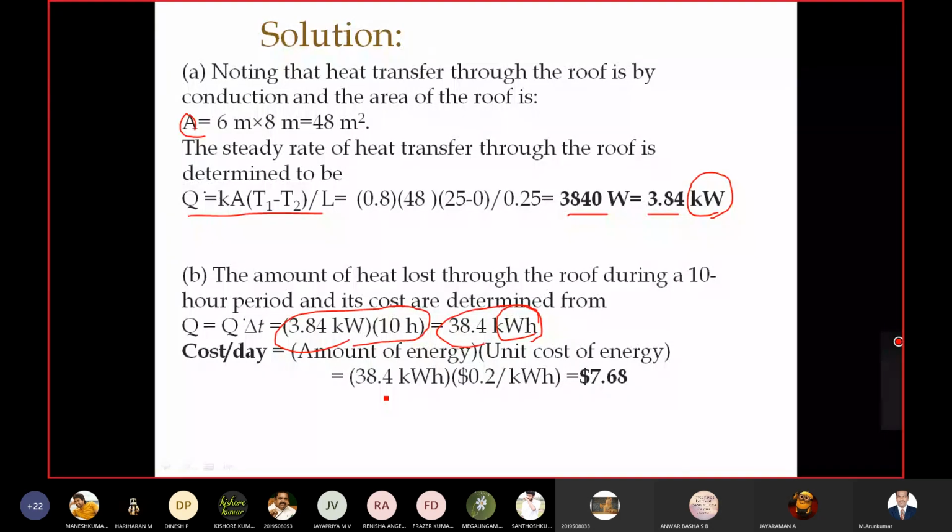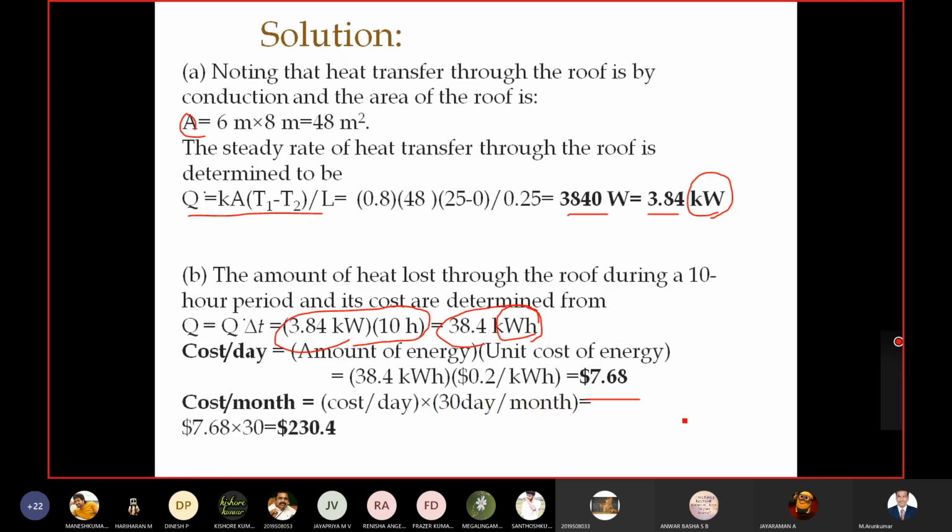If you want to calculate the cost per month, we multiply the cost per day by 30 days per month. Then you will get the cost per month as $230.4. You may wonder why the bill is so high. It is because of the thermal conductivity of the concrete, right?